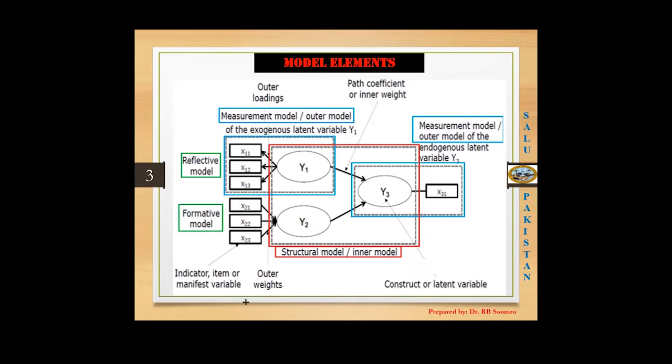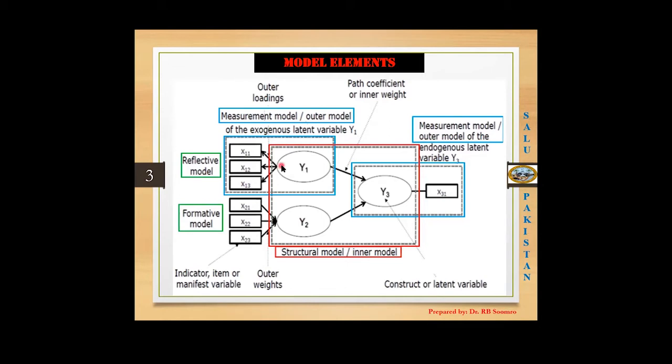These are the indicators, and whatever impact there is from X21 to Y2, we call it outer weights in the formative latent variable. In the reflective manner, the same impact is called a loading. So this is a small introduction of the model which we use now.